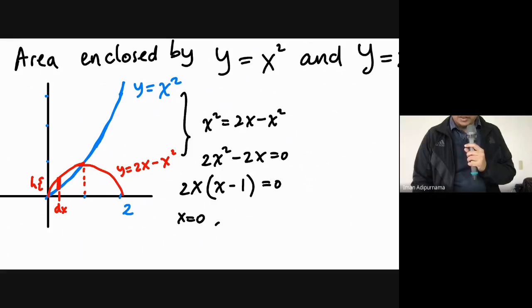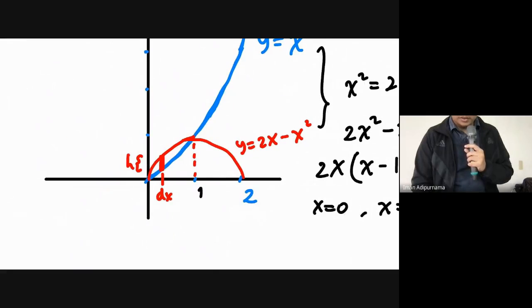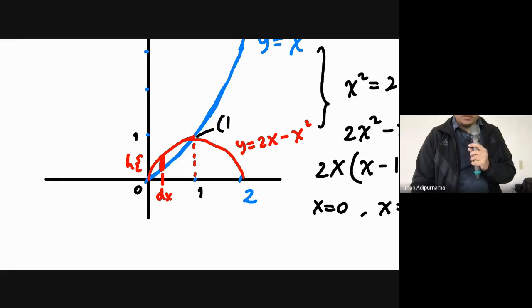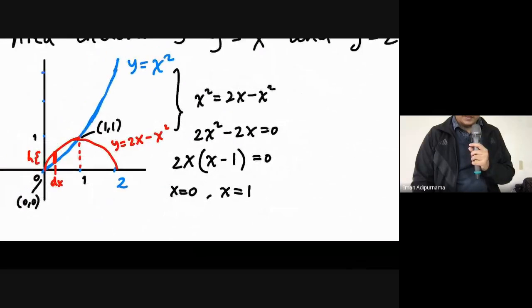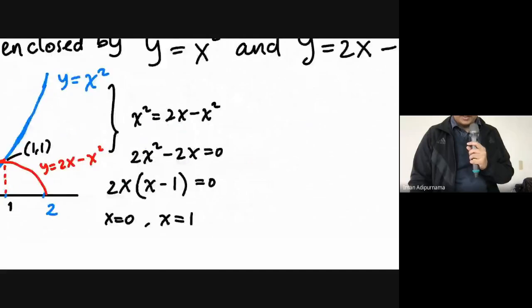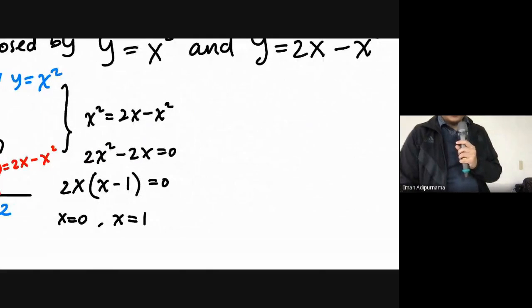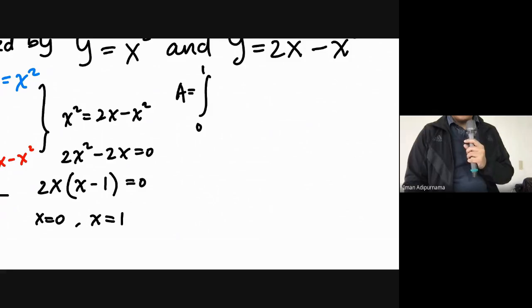So x is 0 and x is 1, which is true based on our drawing here. So this is 1, 1. This is 0, 0. Okay. And then our area will be from 0 to 1.